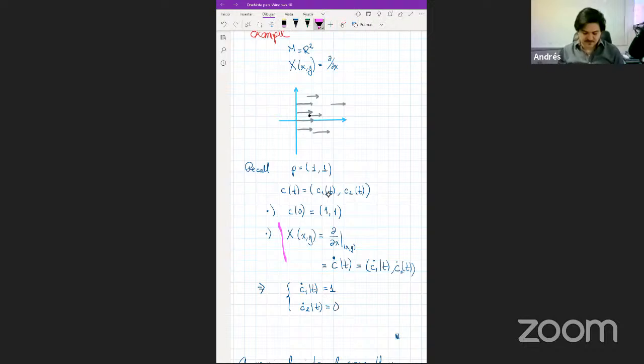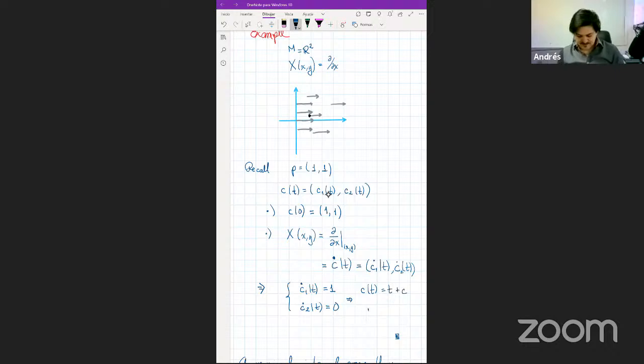So this equality gives me this. On the vector field x, we don't have the dy. That's why c dot equals 0. And so from this, you get this is t plus some constant.